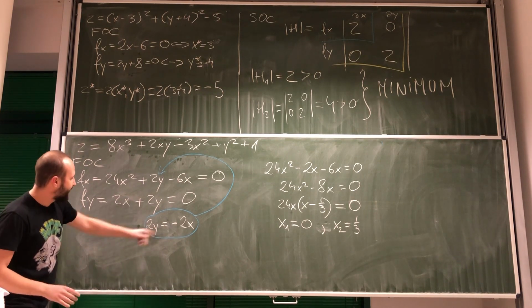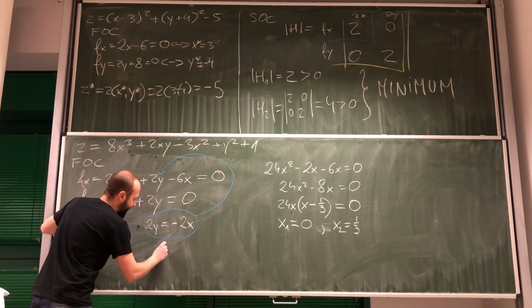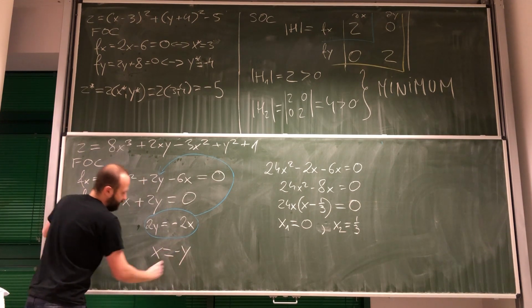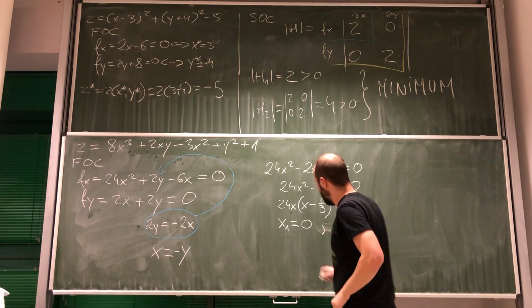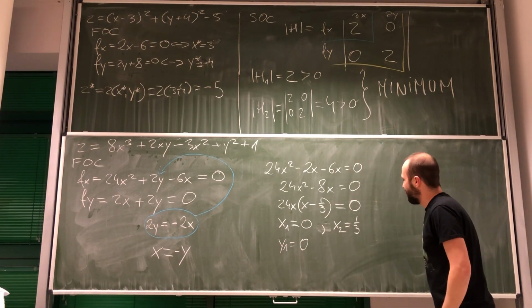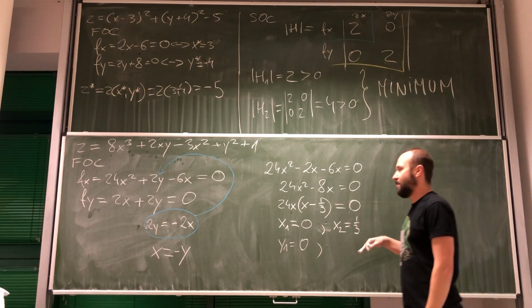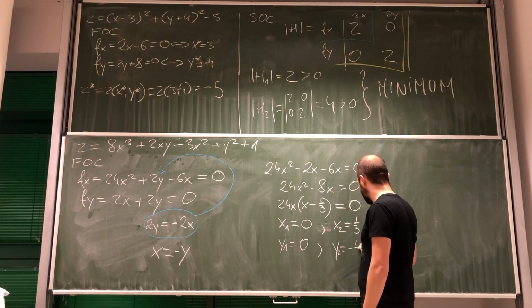Because look, I can solve this easily for x, and I'm getting that x is equal to negative y. So if x is equal to 0, then y is also equal to 0. But if x is equal to 1 over 3, then y is equal to negative 1 over 3.